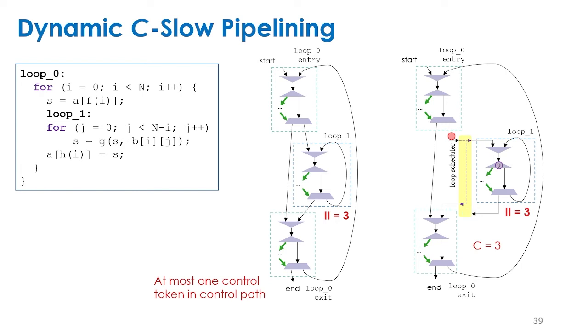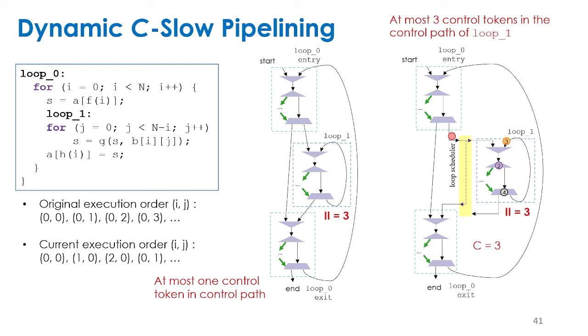When the tokens exit loop 1 in order, the next tokens then enter loop 1 to iterate. For this example, C equals 3, and there are at most 3 tokens in the control flow of loop 1. The detailed design of the scheduler is explained in the paper.